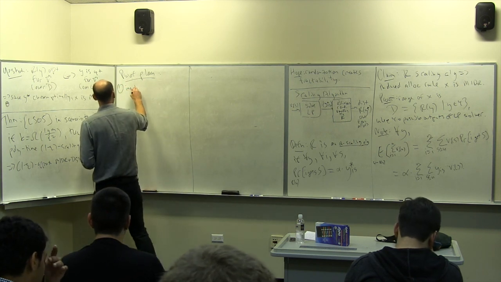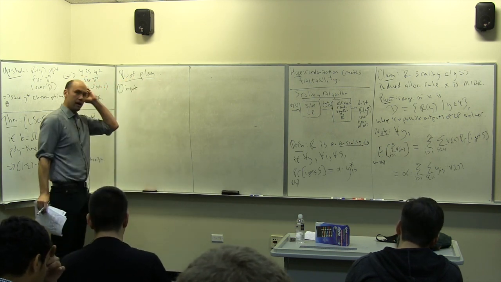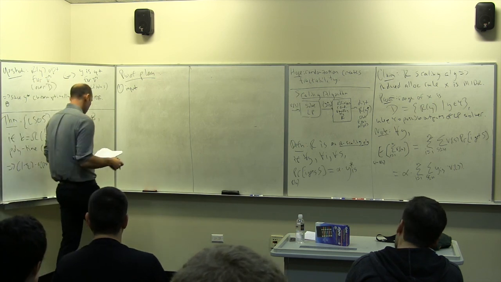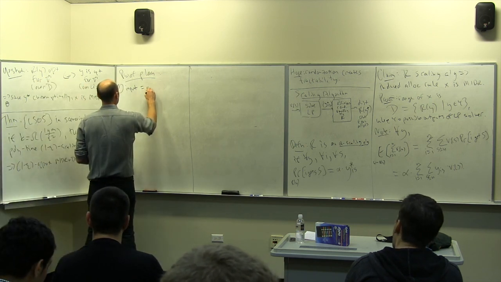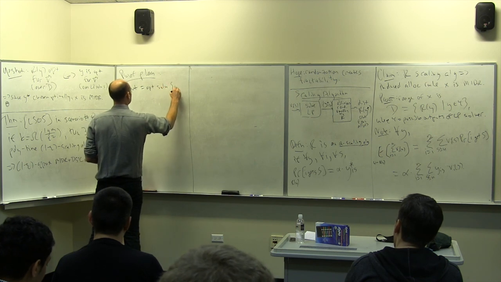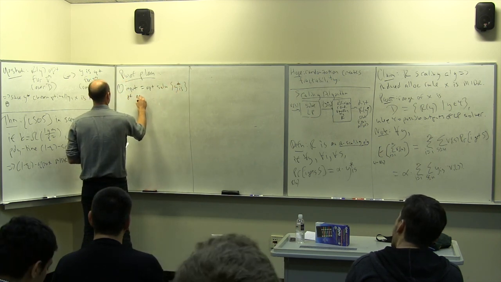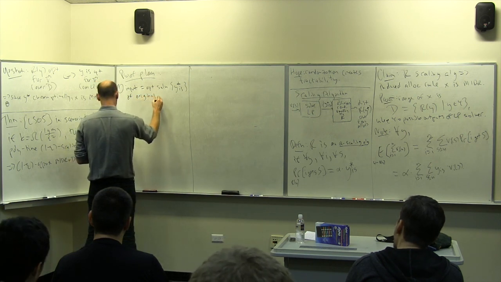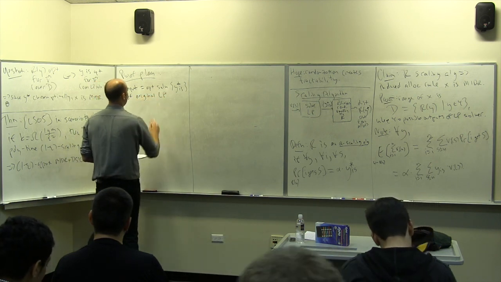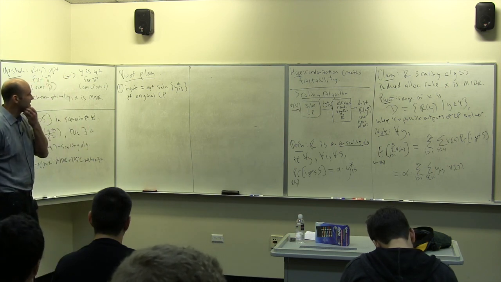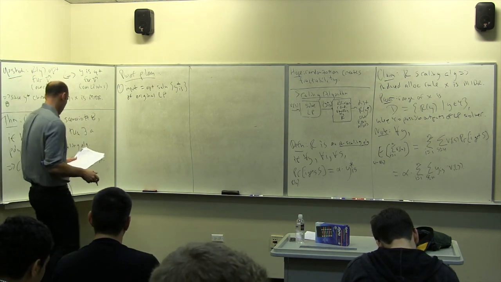Here's how we construct the scaling algorithm. We're given as input the optimal solution to the LP. I'm going to call it the original LP, for reasons that will become clear. This is the input to the scaling algorithm, capital R.